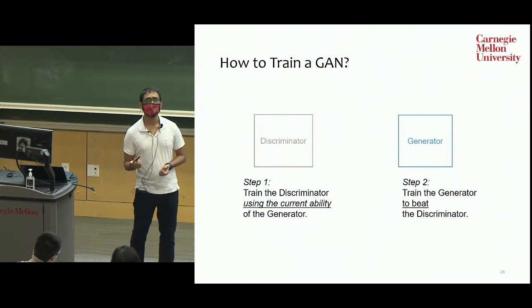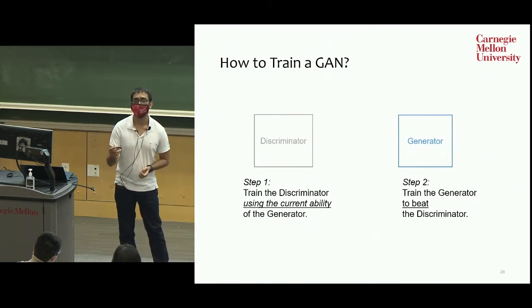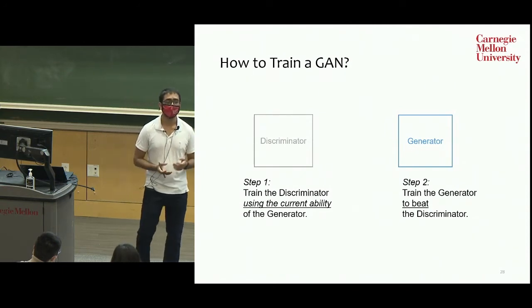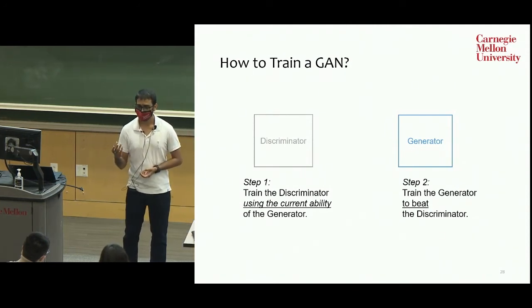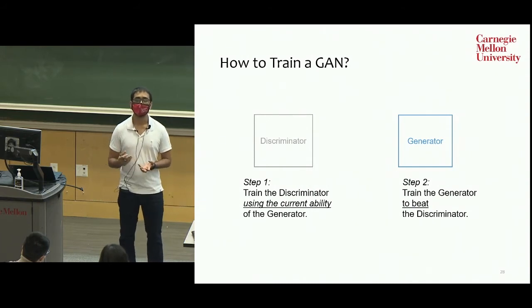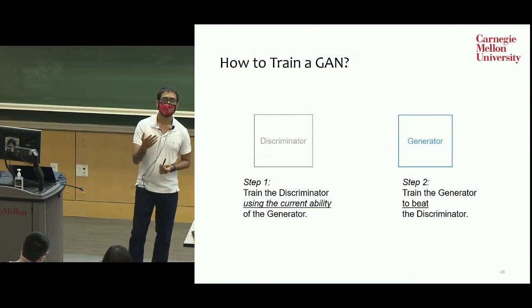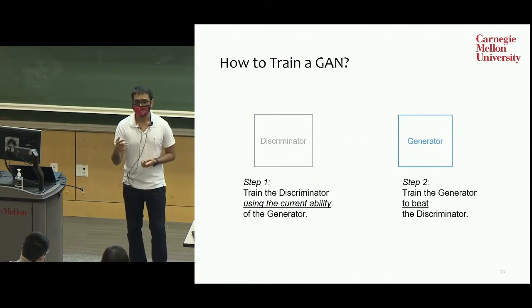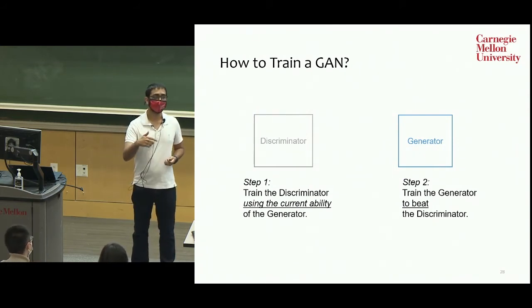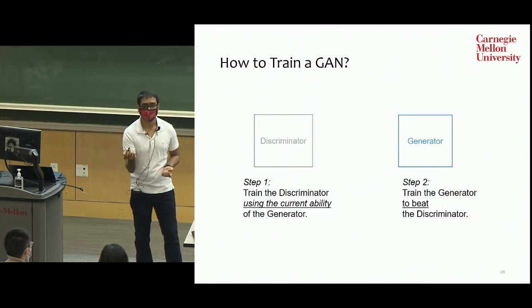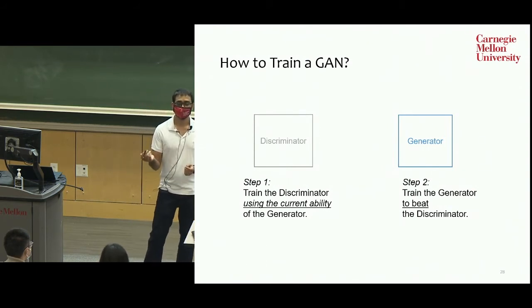But if the kid is not able to distinguish between a 1 and a 7, then the generator knows that the discriminator is not able to distinguish between 1 and 7.